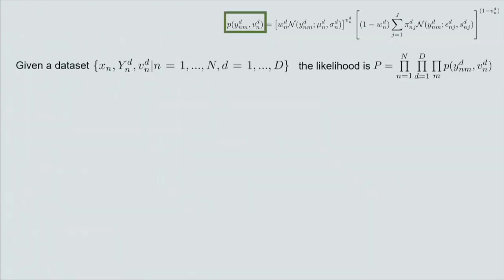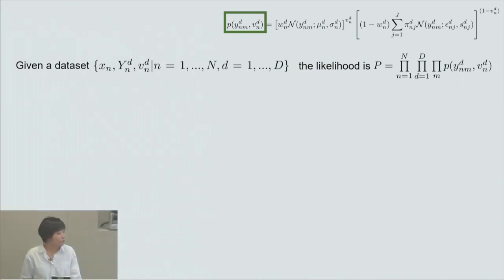So given a data set of images and their possible joint locations and visibility, the likelihood over the whole data set is the product over all the individual joints and for all the images. Here we assume all the joints are independent of each other.